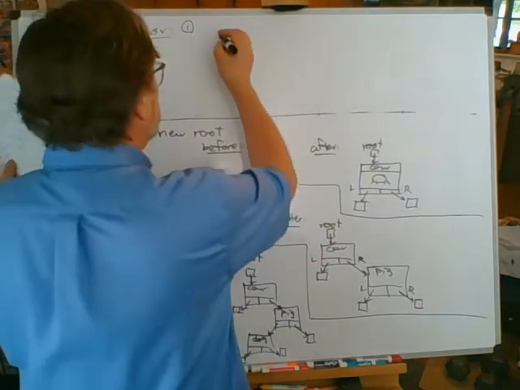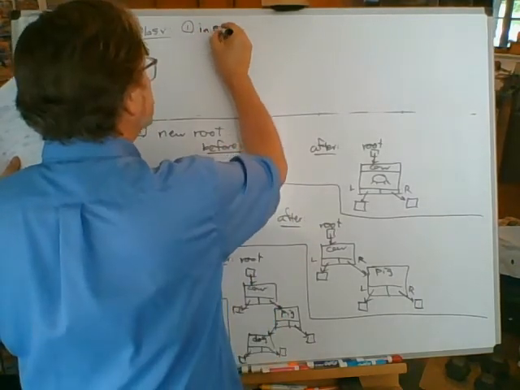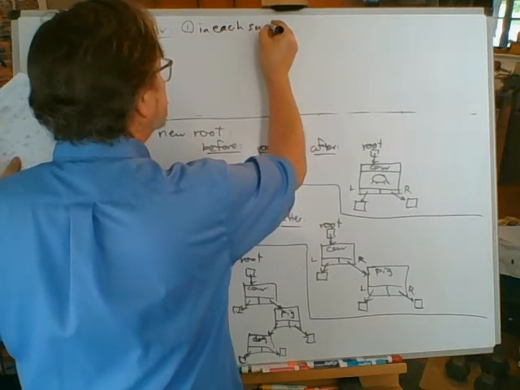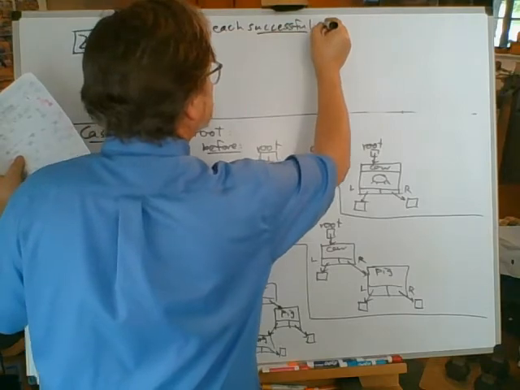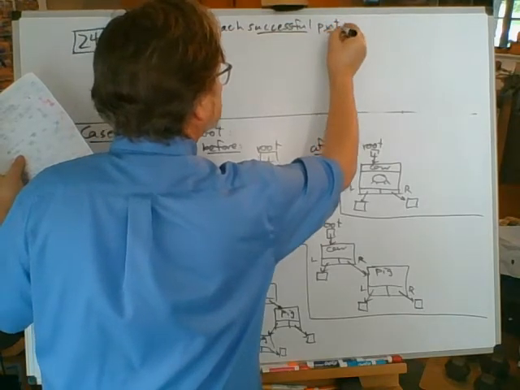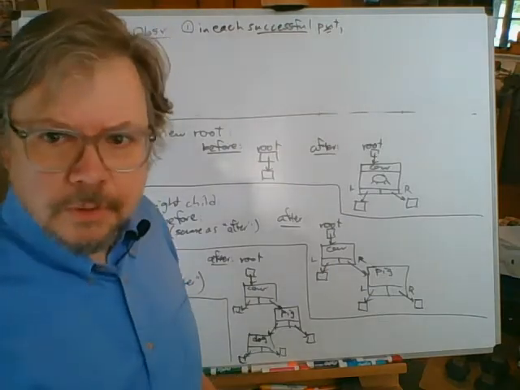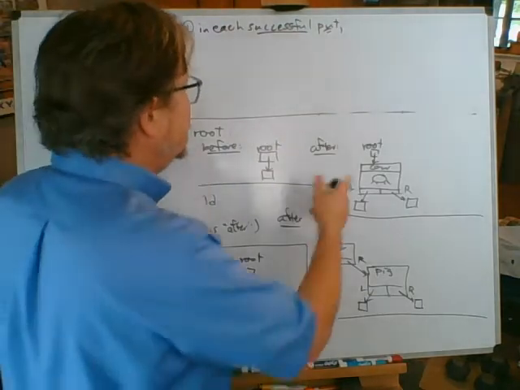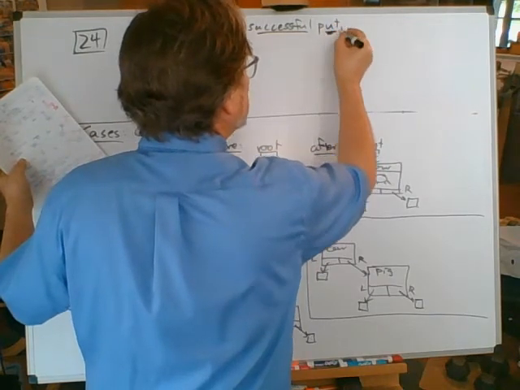In each successful put, an external node is replaced by an internal node with 2 children. I think we visited that before. Here it is. We've seen it in action. That says put, and I intended to double underline.